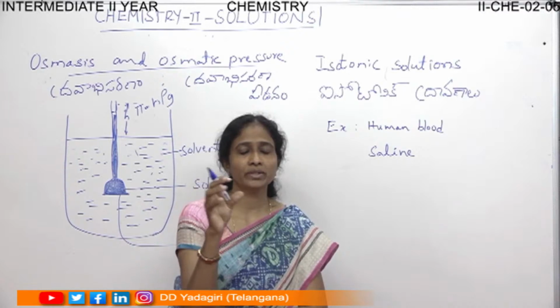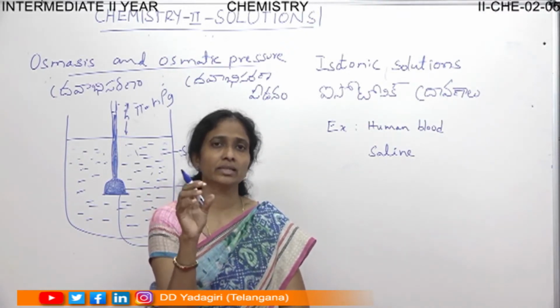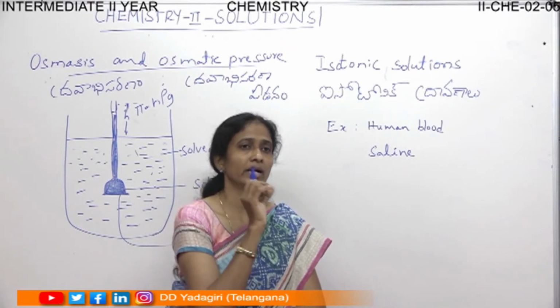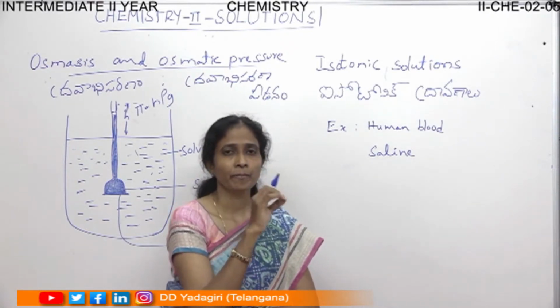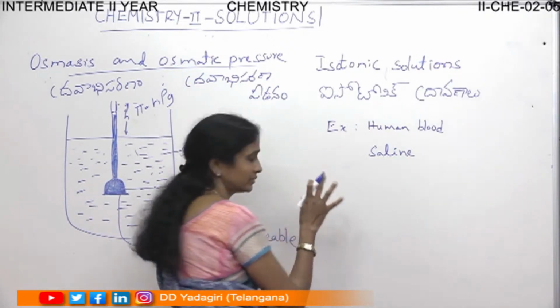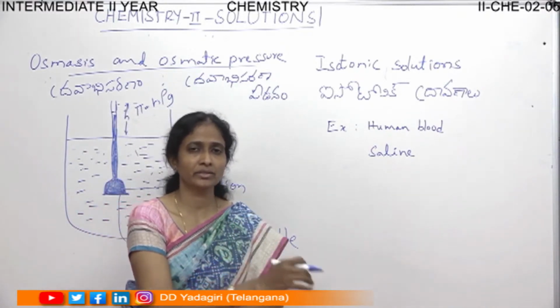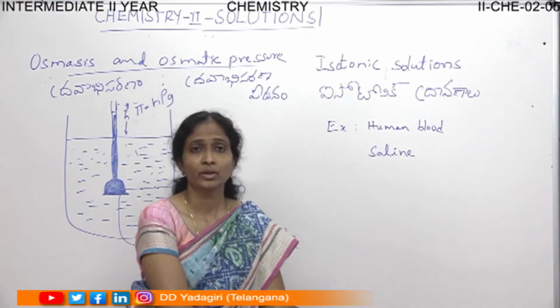If two solutions have the same osmotic pressure, they can be called isotonic solutions. By this we have finished all the 4 colligative properties.